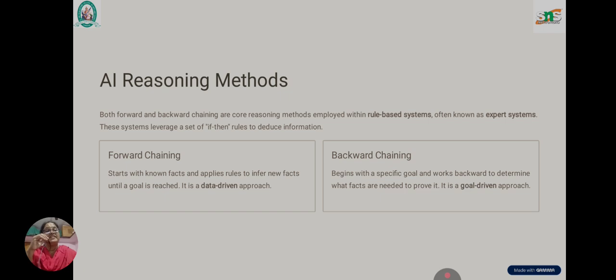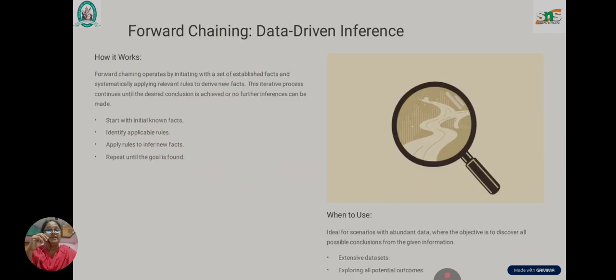Backward chaining is just the opposite: it starts from the goal, like a bottom-up approach. It starts from what we want to prove and works backward, asking what we need in order to prove that goal. So this is forward chaining and backward chaining.